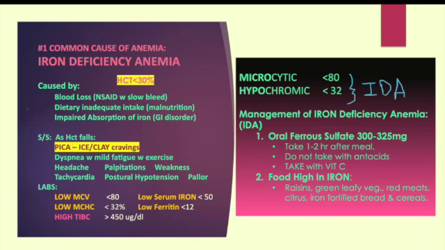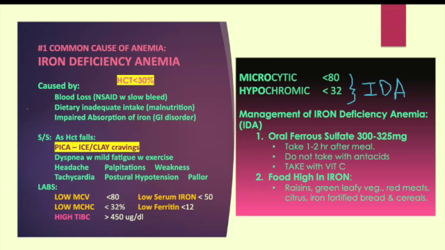And the labs that you're going to see, remember, we're looking at the size and the color and the binding capacity of these hemoglobin molecules. So a low MCV and a low MCHC, but you'll see a high TIBC.